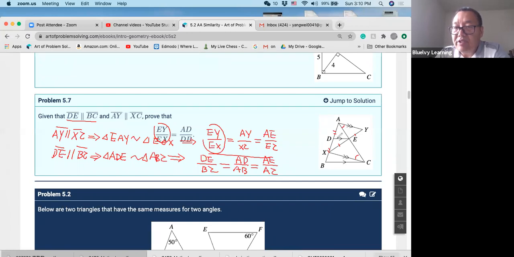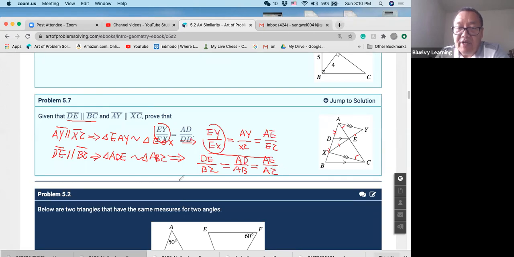See, these three sides correspond with these three sides. Now let's compare these two ratios. We are trying to get AD over DB, but here it's AD over AB. Then here we have AE over EC, and this one's AE over AC.